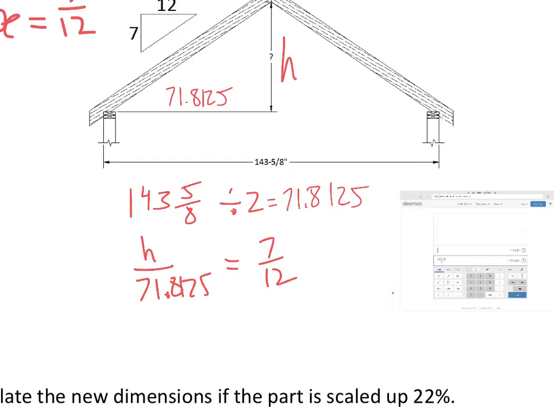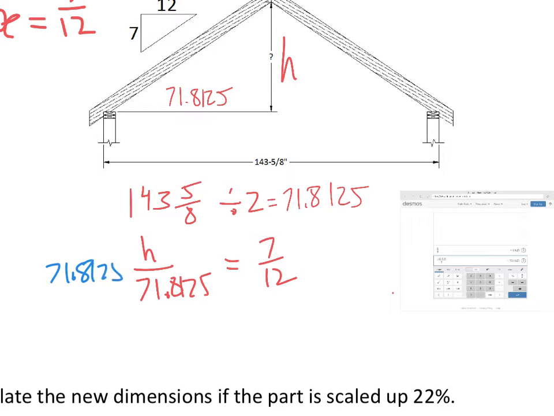We know how to solve proportions. We need to cross multiply. Or actually, since the h is on top, you can think of it as just multiplying both sides by 71.8125, and that works. In algebra, we learned that if we're dividing by something, we can just multiply by it.